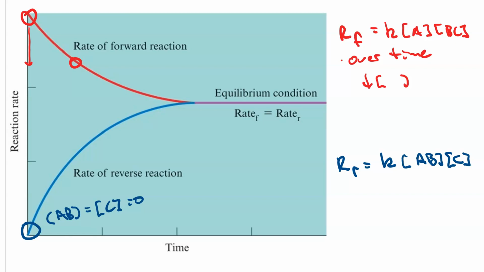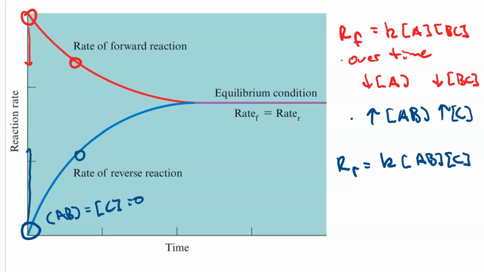Right, so I'm just showing here that the concentration of A is going down and the concentration of BC is going down as the reaction takes place. And the concentration of AB and the concentration of C go up. So you can see by this point, the rate of the reaction in the reverse direction has increased by this much.